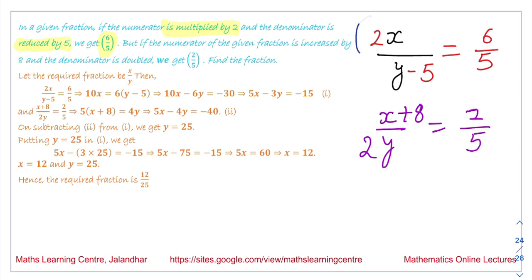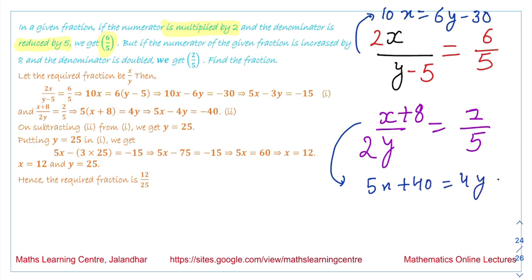Now if we solve this, we get 10x is equal to 6y minus 30. When we solve the other one, we get 5x plus 40 is equal to 4y. So the two equations we now have are 5x minus 3y is 15 and 5x minus 4y is minus 40.